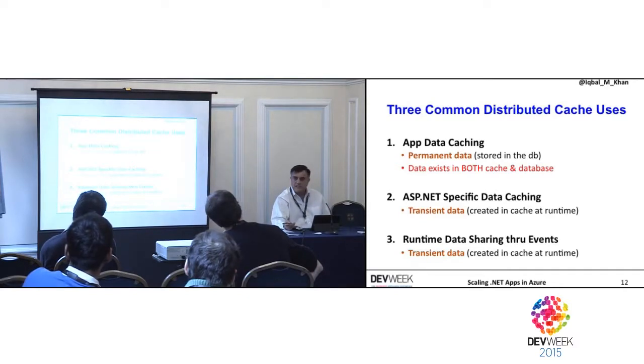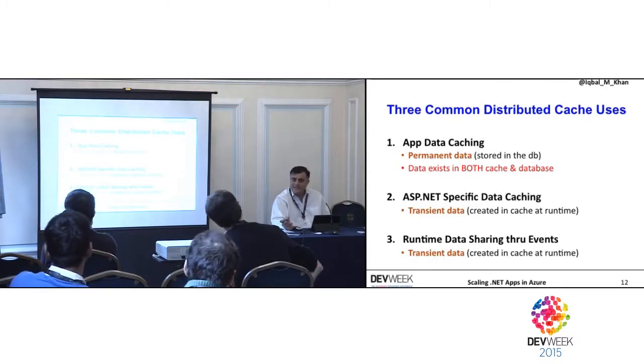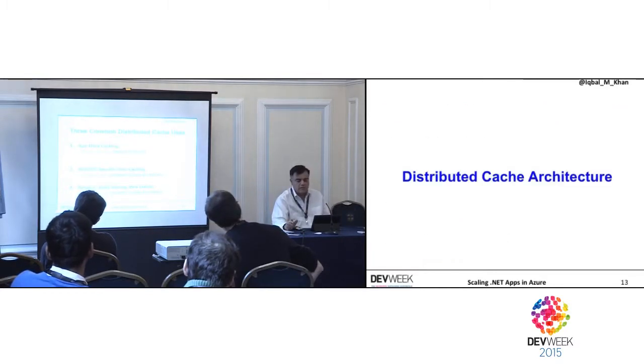With the help of events, you can do a PubSub type of data sharing. And that's also transient data. That may be permanent data, it might exist in the database, but from a sharing perspective, it's transient. Once you've shared it, it no longer needs to be kept there. It just needs to be taken out. But it's also most of the time created at runtime. So those are the three common uses of a distributed cache.